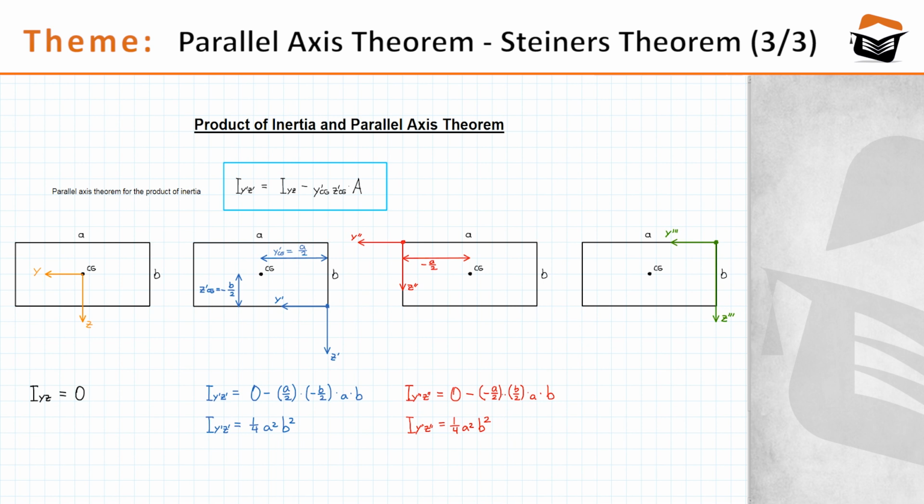And in the last example, where the origin of the coordinate system is at the top right corner, and we are assigning a triple prime to the axes.